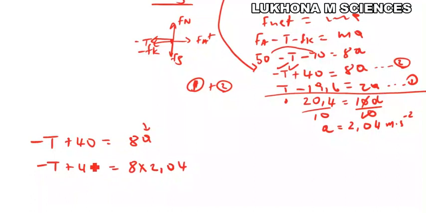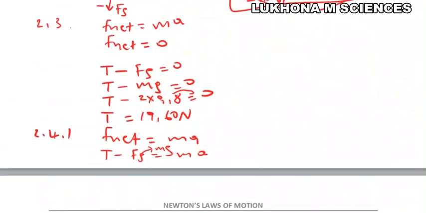Minus T plus 40 is equal to 8 times 2,04. Then I will transpose and press calculator. Then we get minus T equals minus 23,68. Then divide by negative. Then T is 23,68 newtons. Then this question is answered.